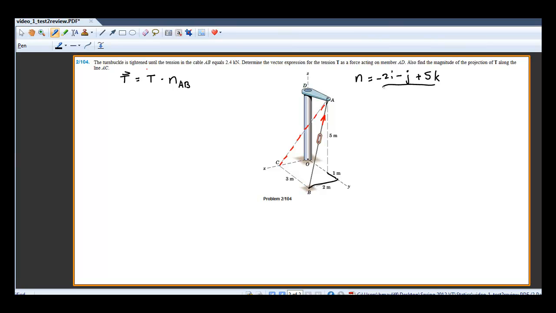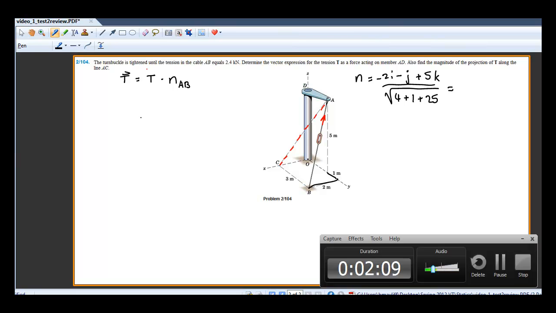You can see that because the tension is going up in this direction, which means it's going negative x, negative y, and positive k. And then we do that all over the square root of each of them squared, so 4 plus 1 plus 25.